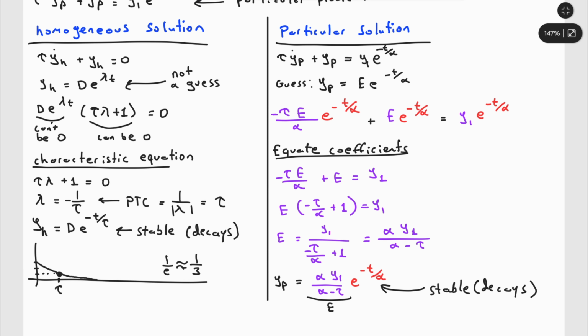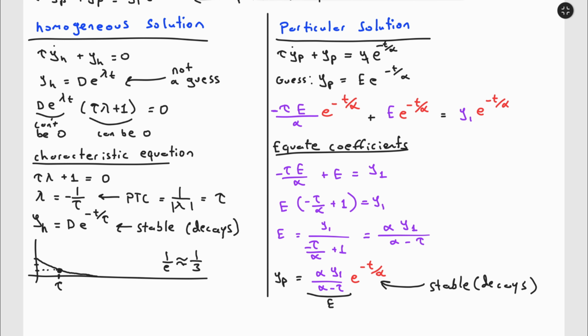You might have some questions in your head. So we guessed this and we did solve it. So how do we know this guess was right? This thing is the proof that our guess is right, because if this red part was not the same, then how else would you equate this? We already had this part as input, and we had to make y particular something that was going to make this equation possible.